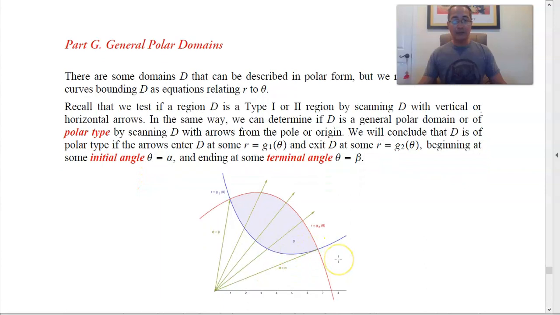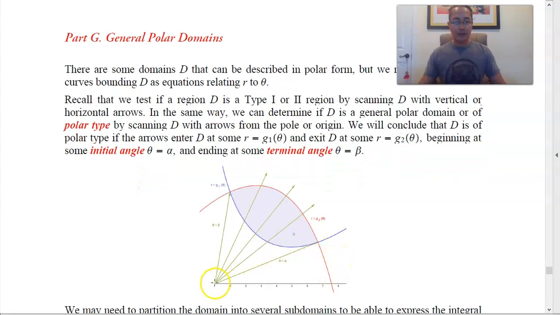Okay, so let me scroll up a little bit here. Start at the pole and pretend that you're throwing arrows. You're an archer, standing there and spraying that region with arrows. And notice that we enter the region at some angle, theta equals alpha.